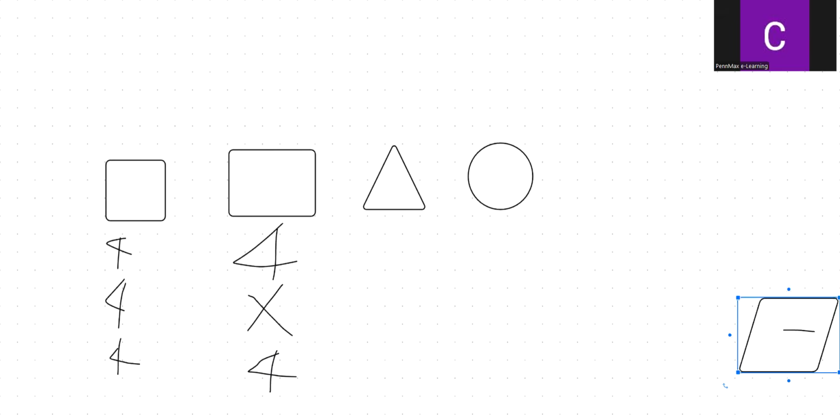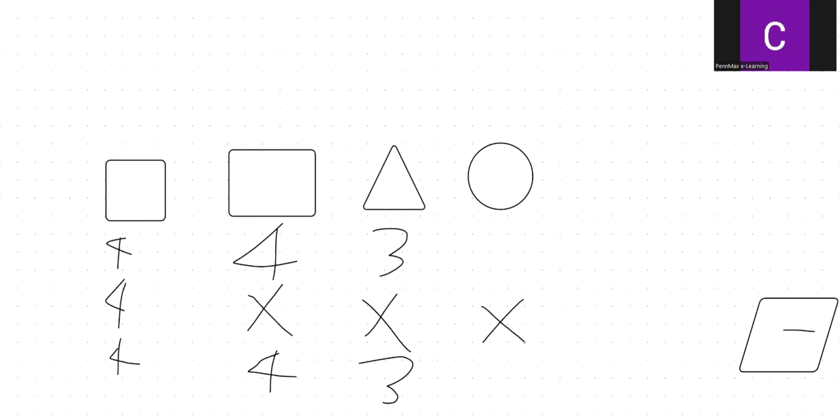Now let's go back. These are not equal, so that's another no for this. And then this one has three sides and three angles. So these two say no, but the circle says no to all of them.